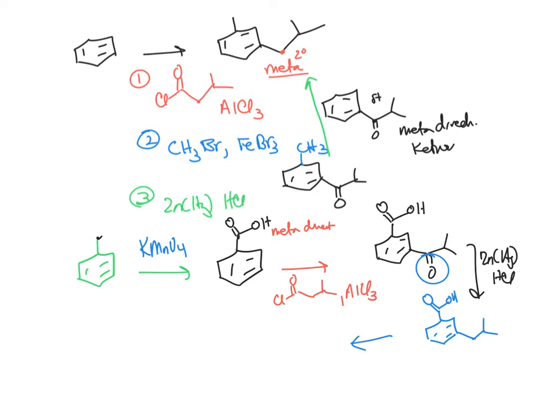And then I would do Fischer esterification. Or you could have done that before here even. Okay, so that would have been fine. Fischer esterification, just methanol and some acid. And you'd make your ester. This is why this was a 1-point bonus.